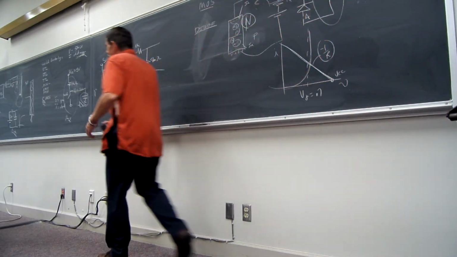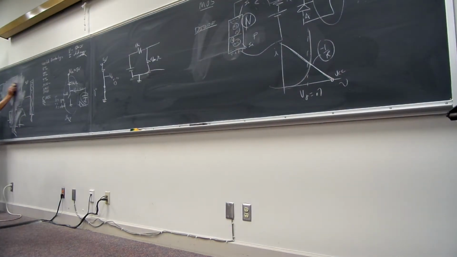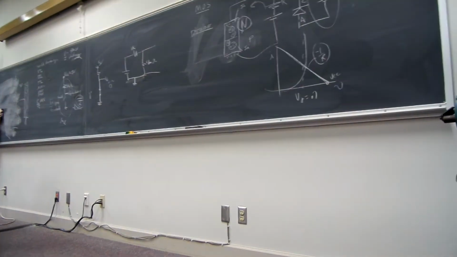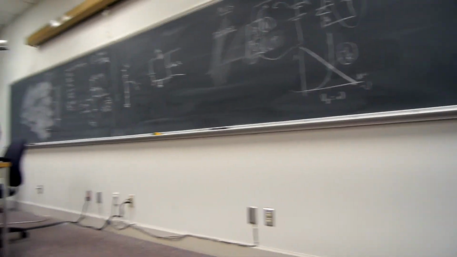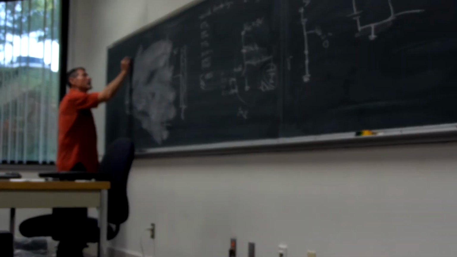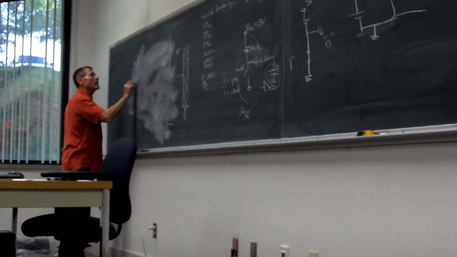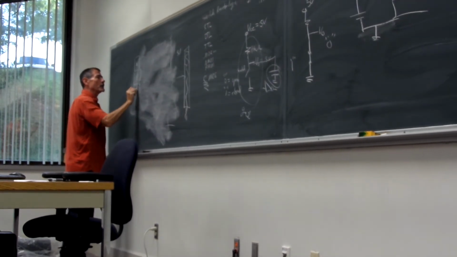Okay, so to make a diode, we did an N and a P material, right? So how about if I do this? An N and a P and an N material.